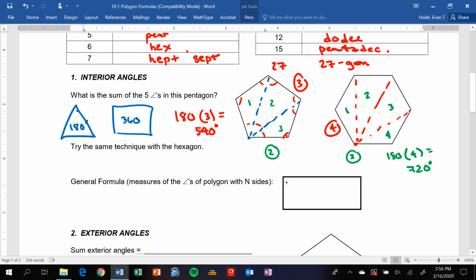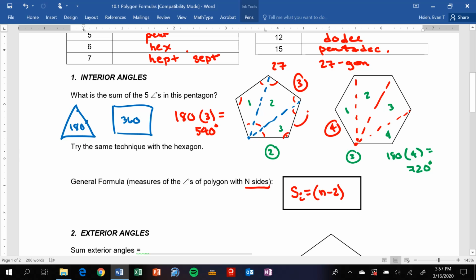So if I'm looking for the sum of all the interior angles, given n sides, it's going to be n minus 2, right?